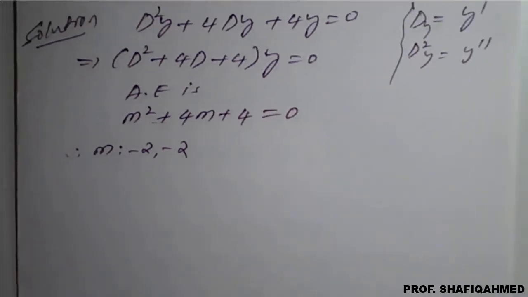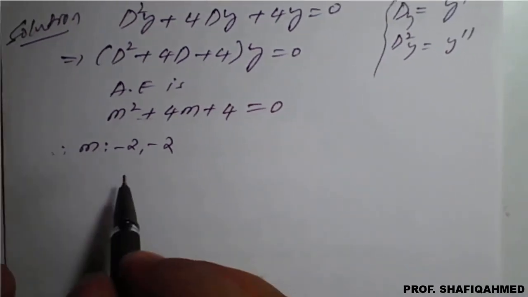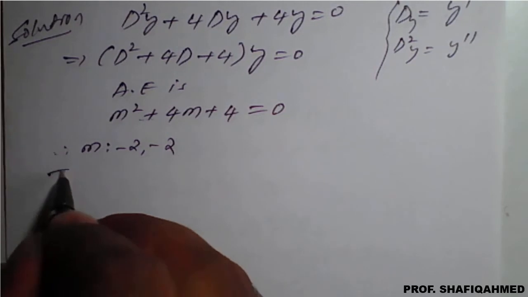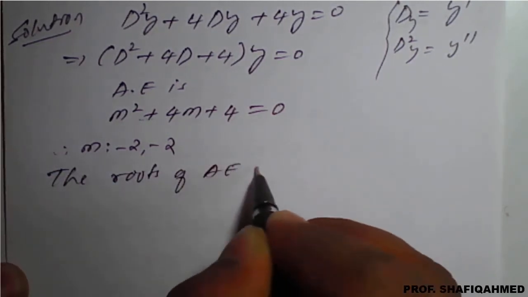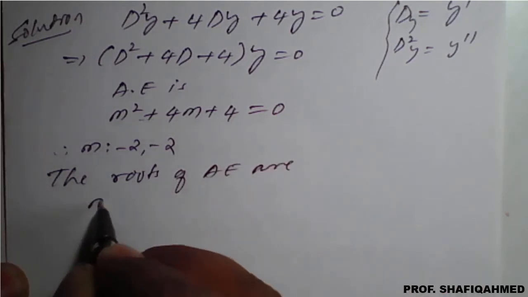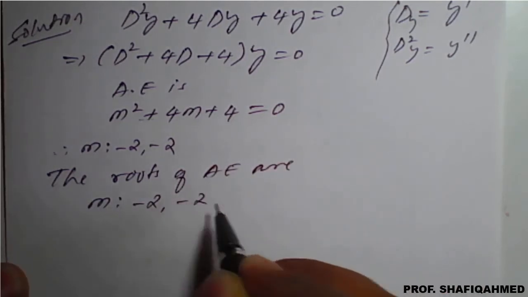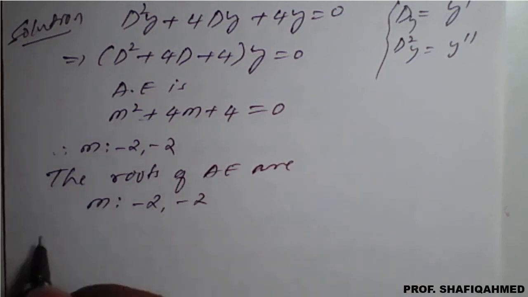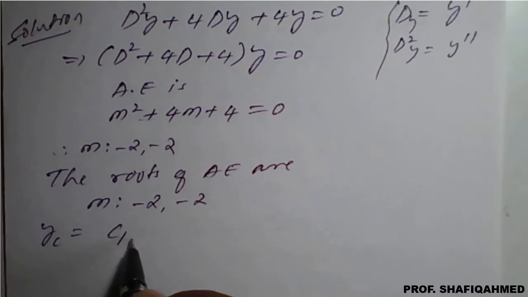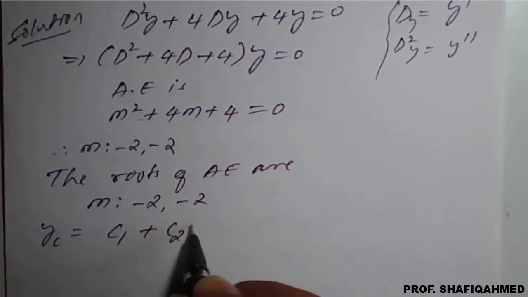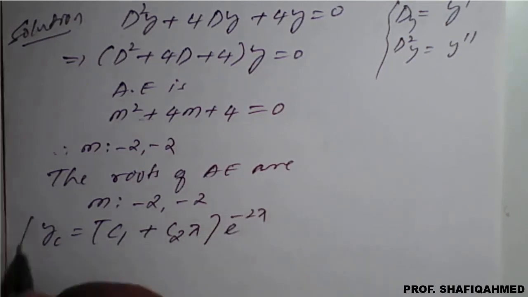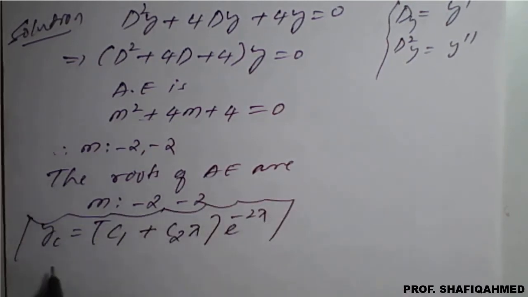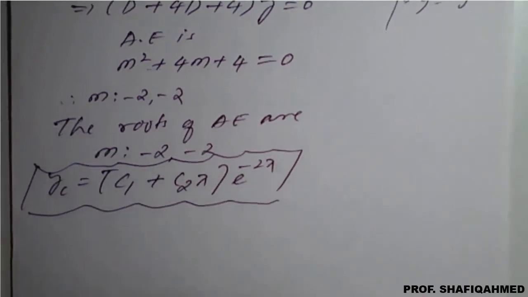With the help of these two roots we can go for the complementary function. The roots of the auxiliary equation are m = -2, which is a repeated root. So the complementary function is yc = (c1 + c2x)e^(-2x).